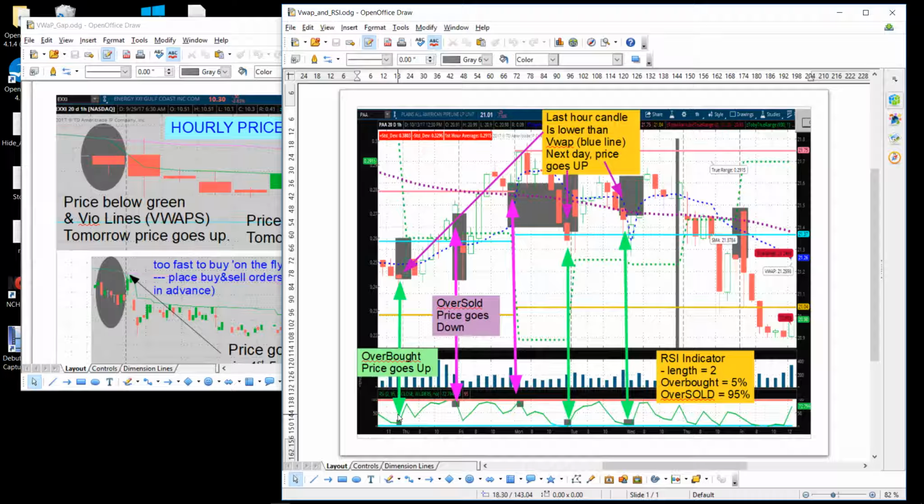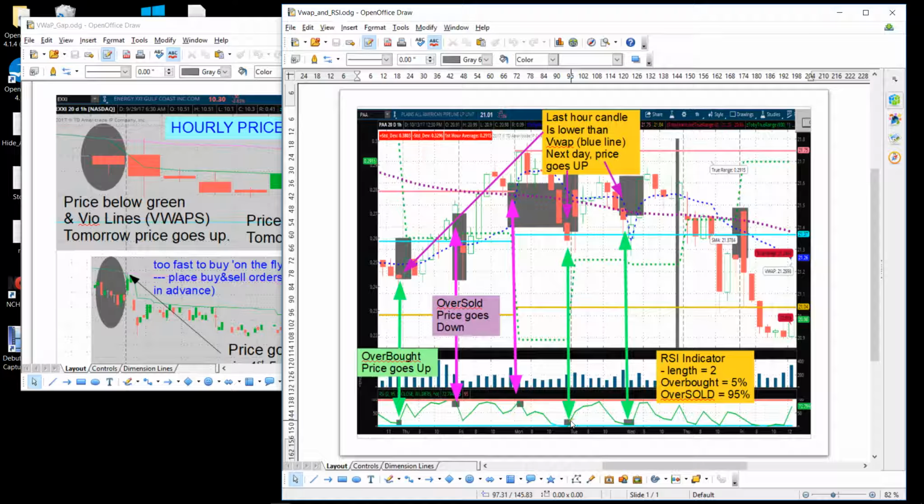When you set the length to 2, you get this green curve down here, which is the RSI curve. And Alessio says, when it gets down towards the 5% level, that's at the bottom of the stock price. The stock price has hit the bottom, and now it's going to start moving up. And you'll see that, sure enough, the price moved up.